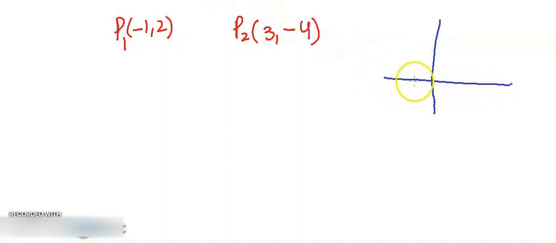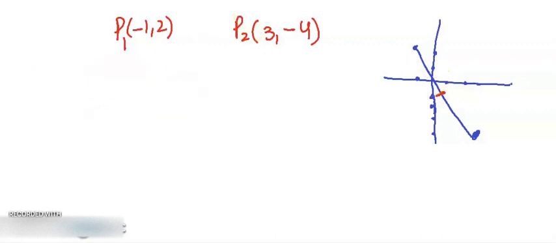It's -1 comma 2, so -1 is over here, and 2 is basically somewhere here. So this is P1, and P2 is 3 comma -4, so it's going to be 1 2 3 and -4, somewhere over here. So this is the line segment, if I'm not wrong. Forgive me for this crazy time. I'm interested in some midpoint over here somewhere that is bisecting it.